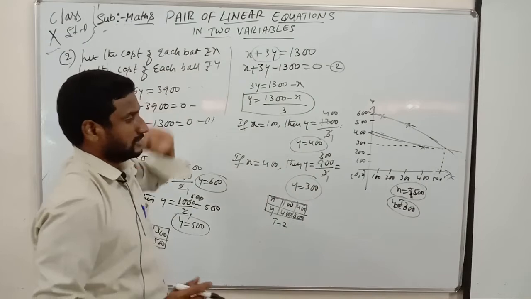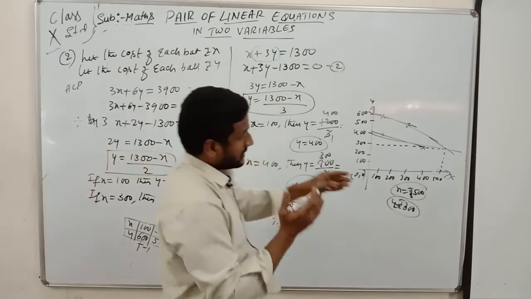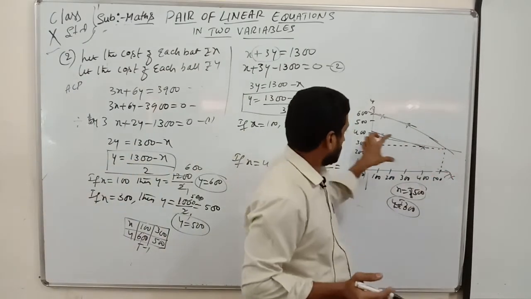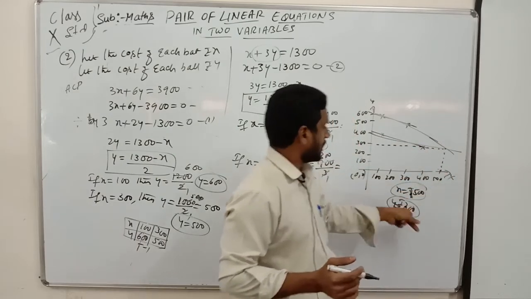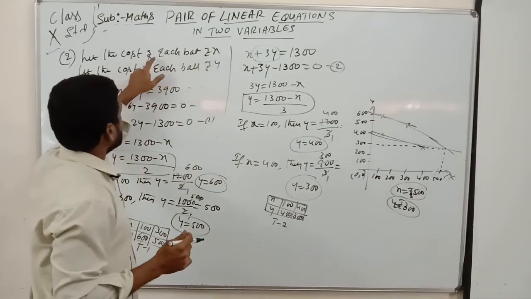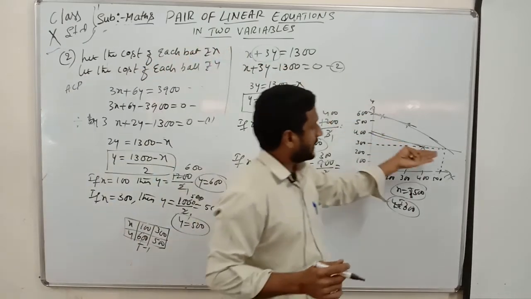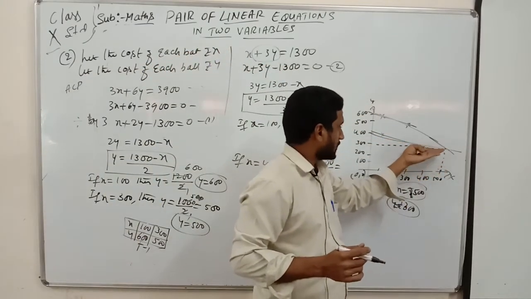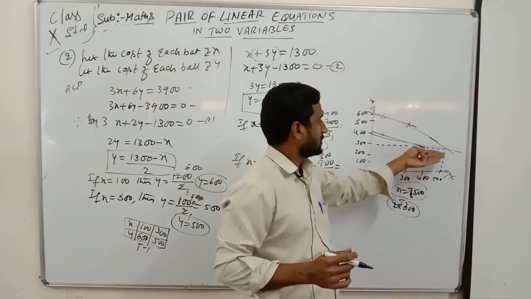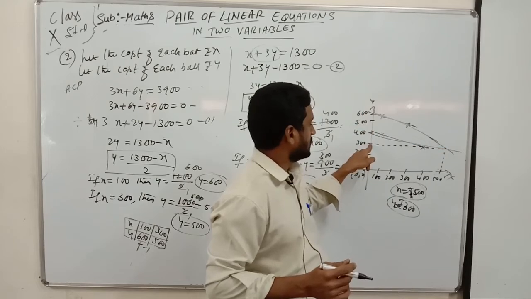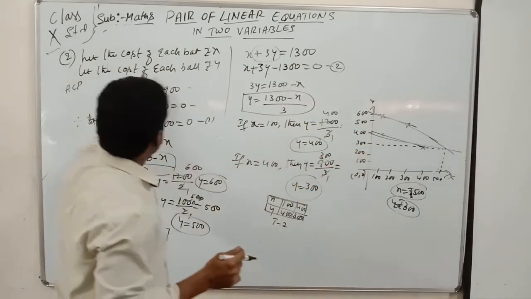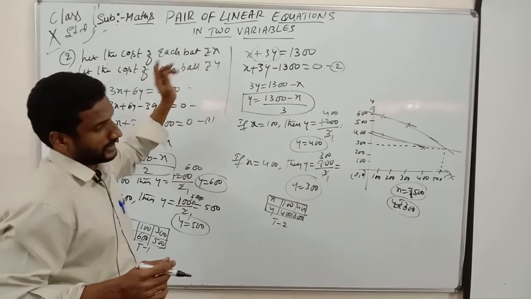So where the two lines intersect, you draw the line perpendicular to the x-axis, that x value gives the cost of each bat. Then you draw the line parallel to the x-axis, so it intersects somewhere at the y-axis. That y point will give the cost of each ball. Okay, so you can calculate like this.